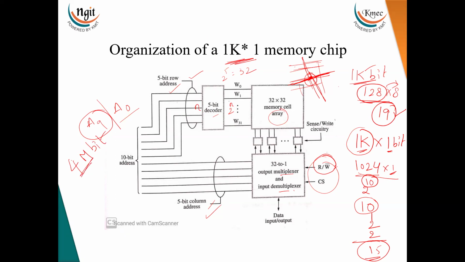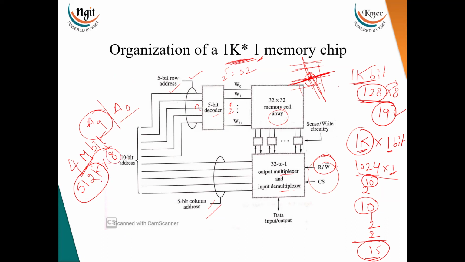This 4 megabit I can write as 512 kilo into 8. These are the memory locations, and in each location I am storing 8-bit data. Here I have taken 1-bit data, but usually the memories available in the market are byte addressable, which means in each location 8 bits are stored.